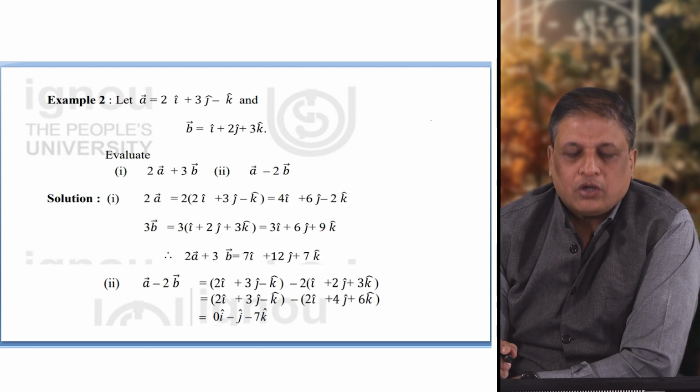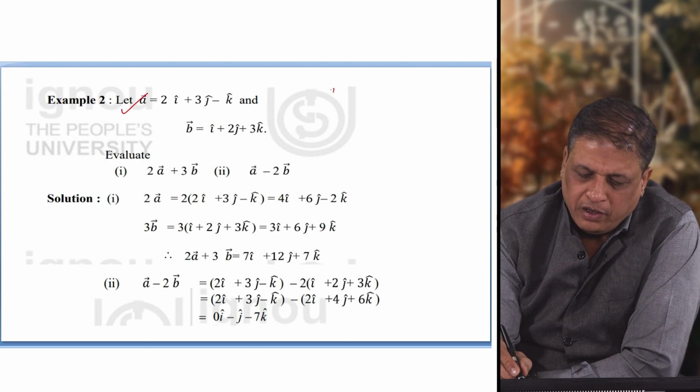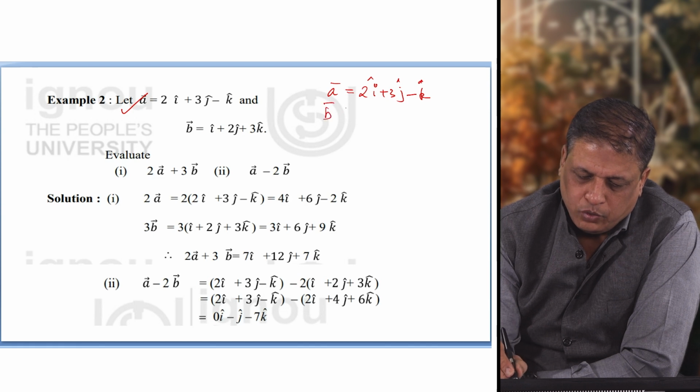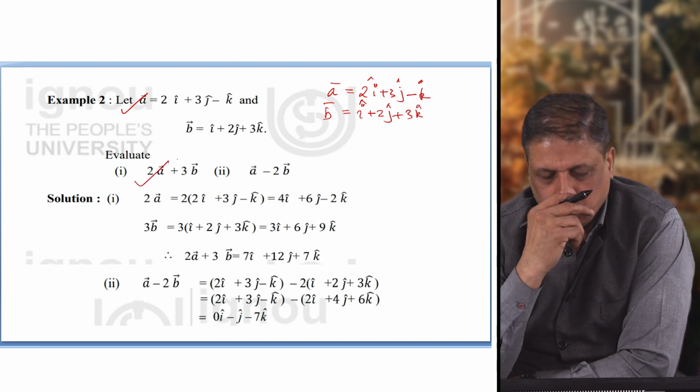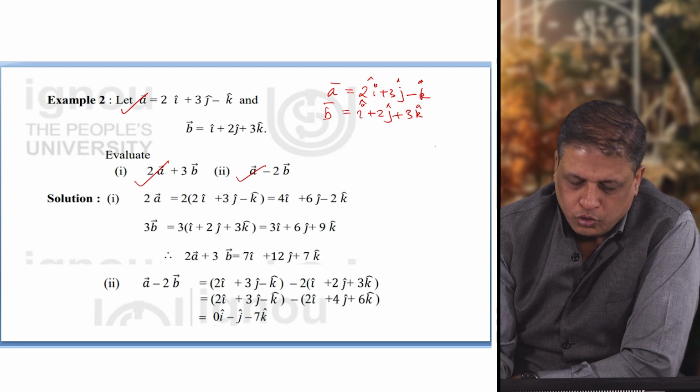So, let us solve some numericals. Say vector A is given to us as 2i plus 3j minus k, and B vector is given as i plus 2j plus 3k, and we are supposed to find 2A plus 3B and A minus 2B.